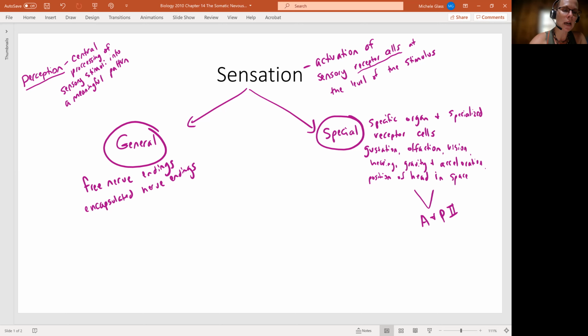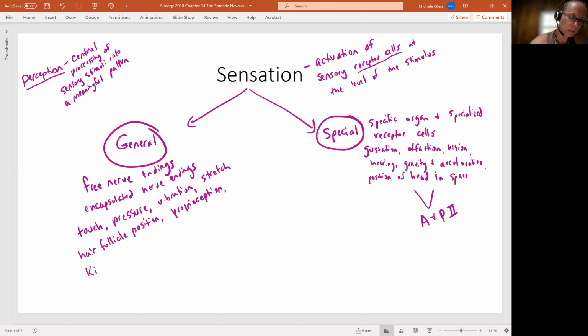So these are going to be touch, which can be either fine touch or crude touch, pressure, vibration, stretch, hair follicle placement, where you can use the term position, proprioception, remember the position of our body in space, kinesthesia, which is that feeling of our body moving, the movement of our body.